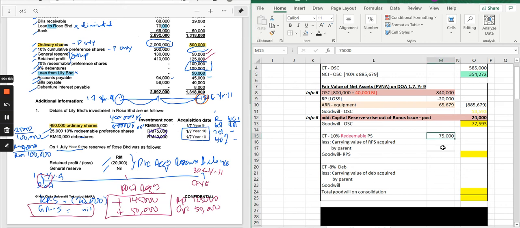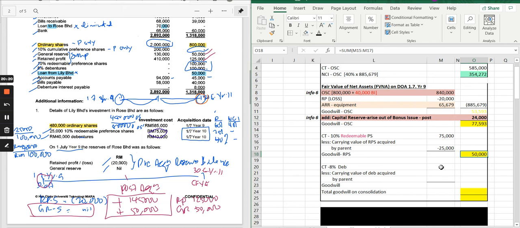And the carrying value of the preference shares acquired, which you have acquired, 25,000, right? So the difference there will not give rise to non-controlling interest because this is redeemable preference shares that will give rise to a goodwill, which rarely happens, but here it happens, right?